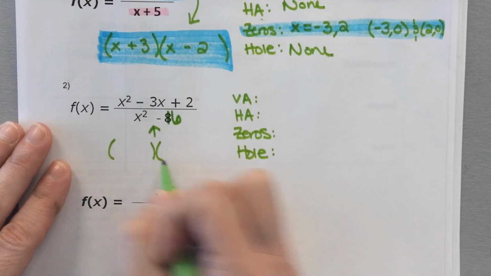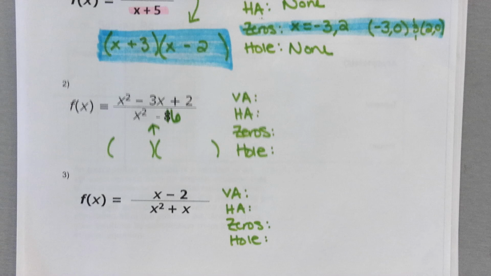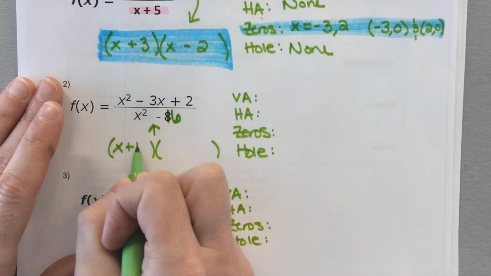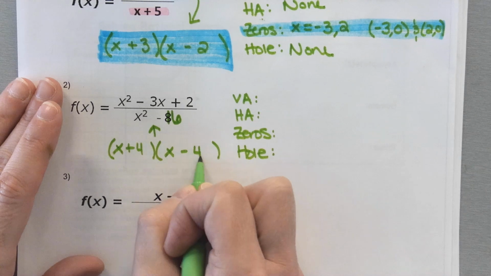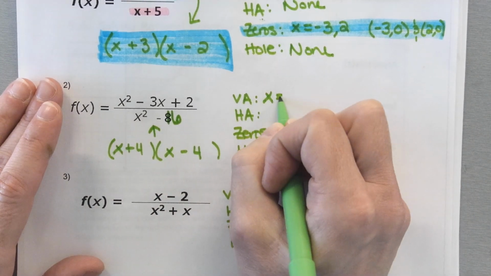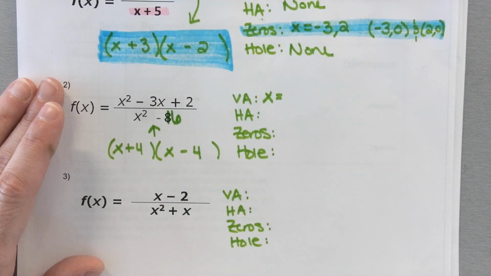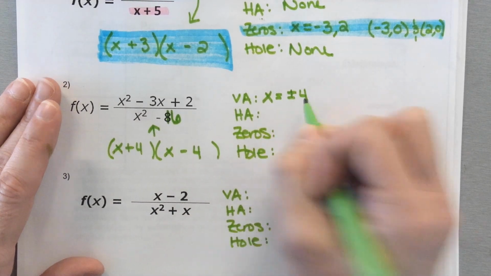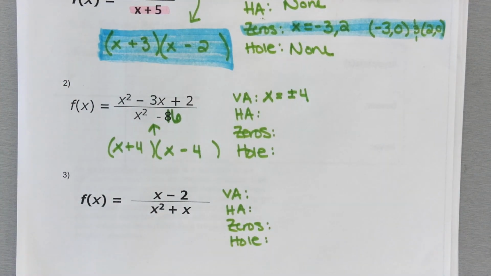This factors into 2 sets of parentheses. Now that it's a 16, what is it going to factor into? Yeah, x plus 4, x minus 4. So my vertical asymptotes are at plus minus 4. So you can write plus minus 4. You could write them separately, right? You could write 4 and then negative 4.